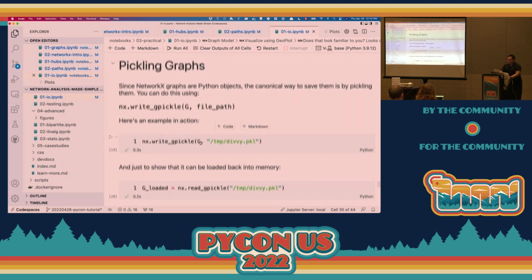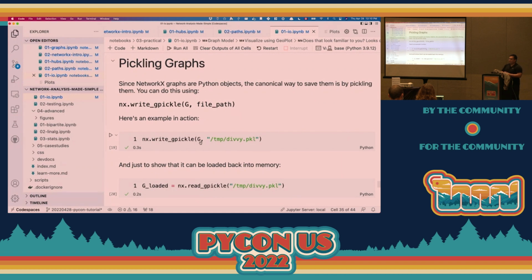Okay, cool. And then the final thing about graph I/O that I think is important is that because NetworkX graphs are Python objects, they are pickleable, which means you can dump them to disk and then reload them in another place. Doing so comes with all of the caveats of pickling, right?